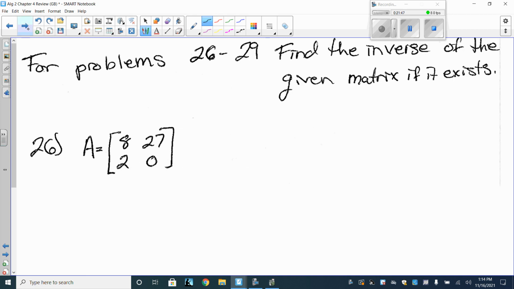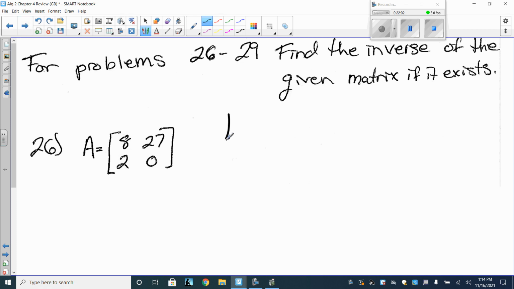So let's look at 26 through 29. Find the inverse of the matrix if it exists. Well, we know in matrices an inverse will not exist if the determinant is 0.